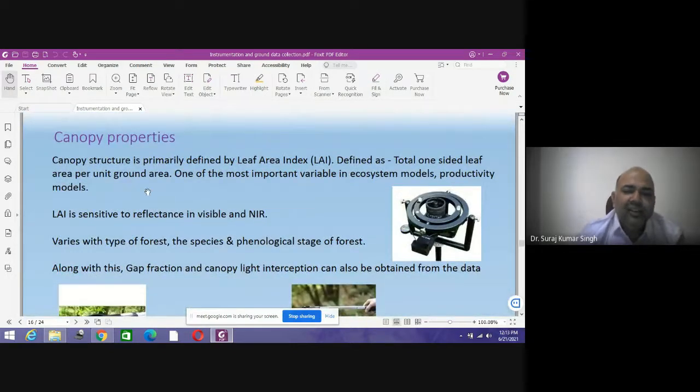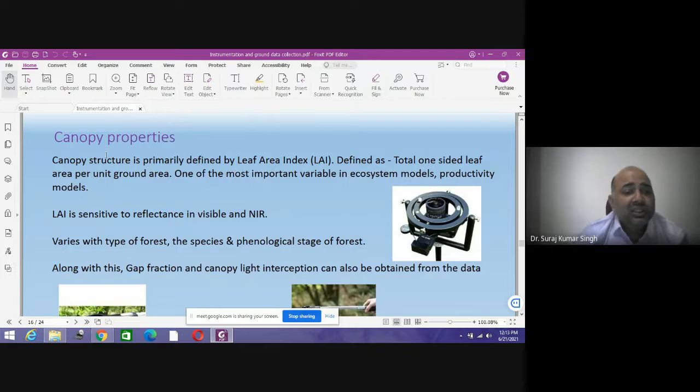In the same way, if you go for canopy based measurement or canopy based instrumentation, generally we are performing NDVI, the normalized difference vegetation index, or various other vegetation indices that are used to calculate the leaf area index.